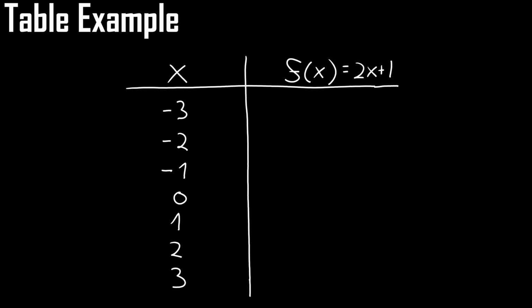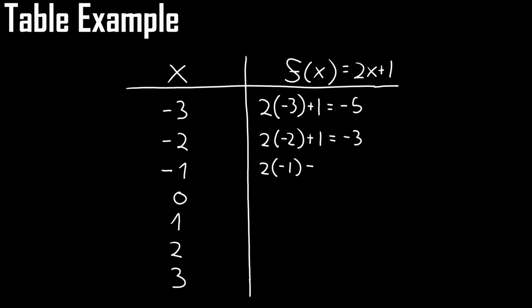So for our first input value of -3, we'll get 2 times -3, which is -6, plus 1 equals -5. Let's do -2 now. 2 times -2 is -4, plus 1 is -3. Then for -1, 2 times -1 is -2, plus 1 equals -1.